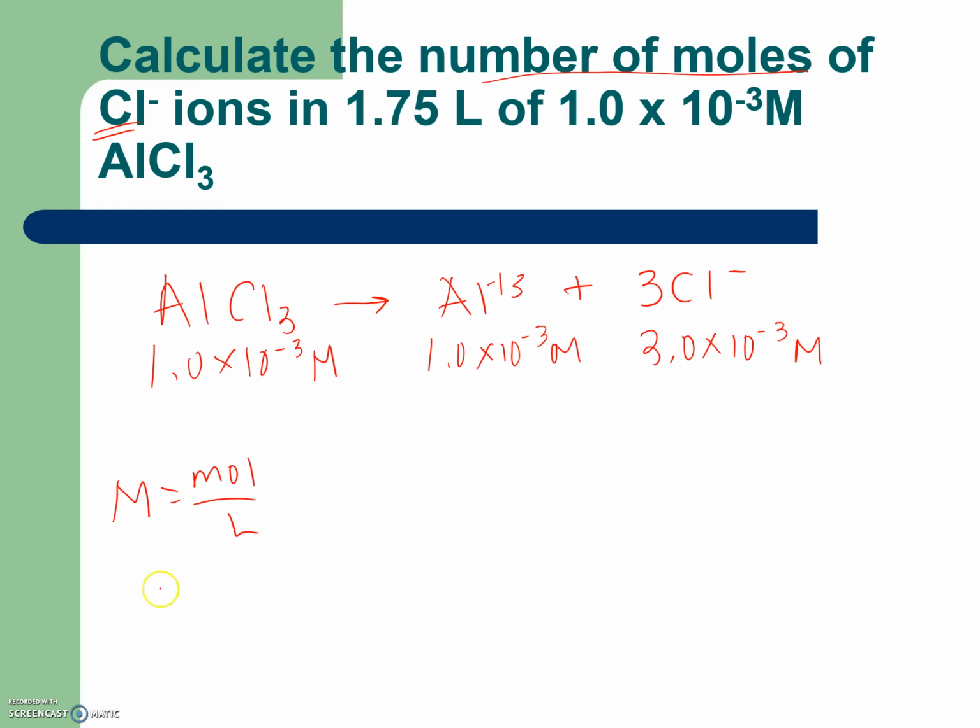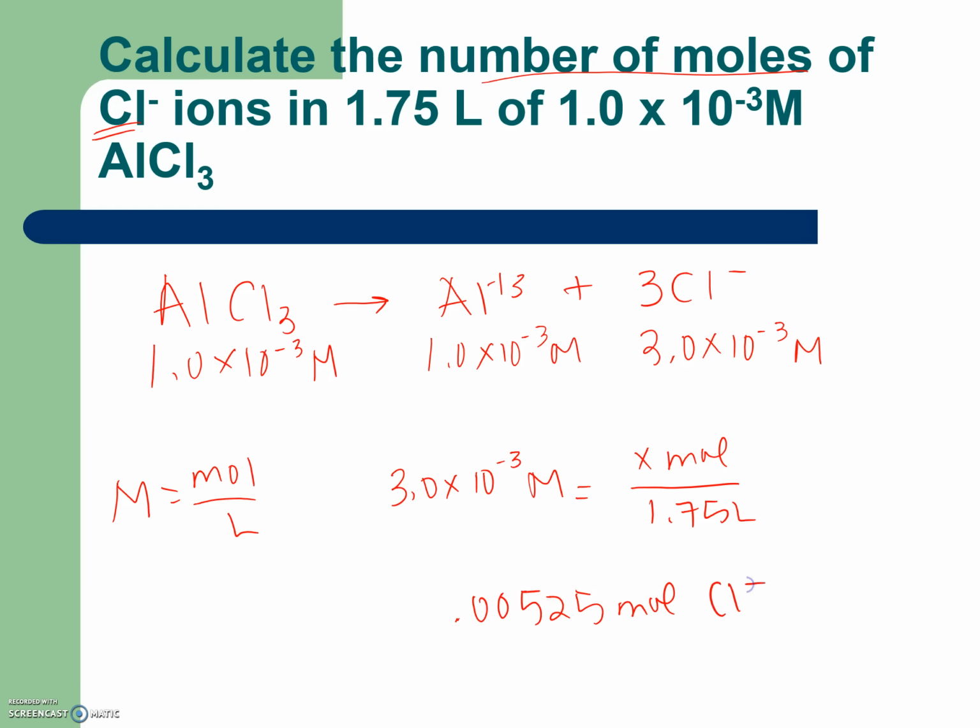I have 3.0 times 10 to the minus 3 molar equals X moles over 1.75 liters. So now I can solve that, and I get 0.00525 moles of Cl-. And so it's just taking into account this ratio of having 3 times as many chloride ions as I do aluminum chloride.